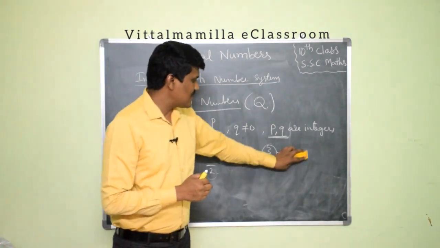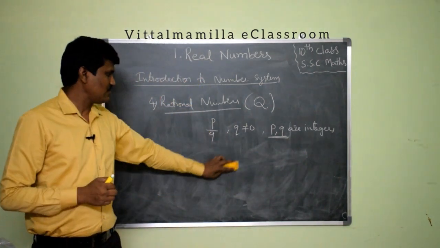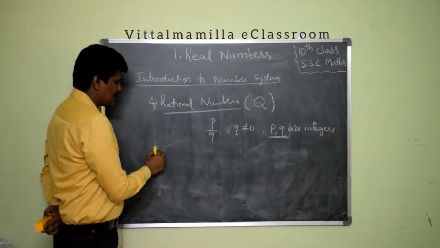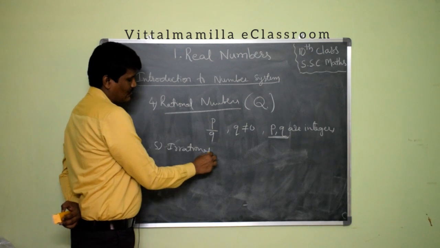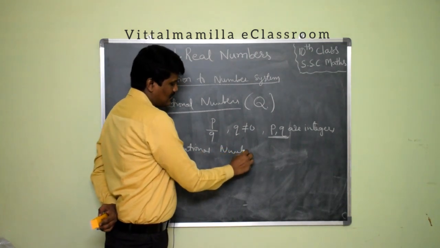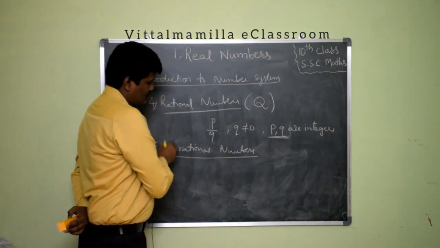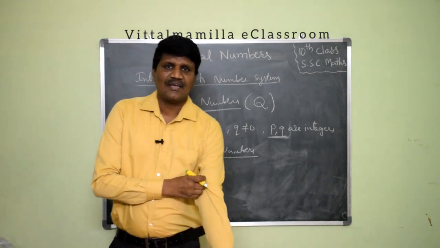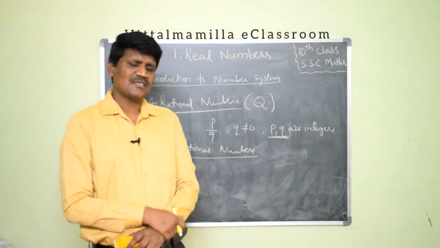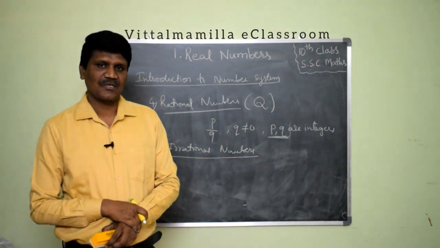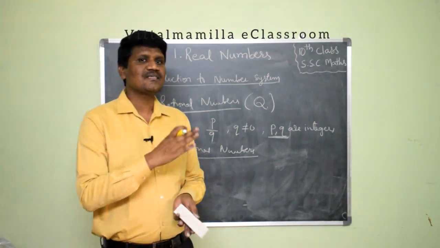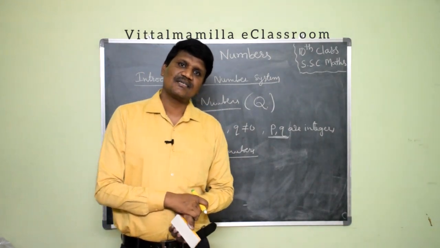And the next number system is irrational numbers. What are irrational numbers? Irrational numbers are nothing but, in the real numbers, the ones other than rational numbers.